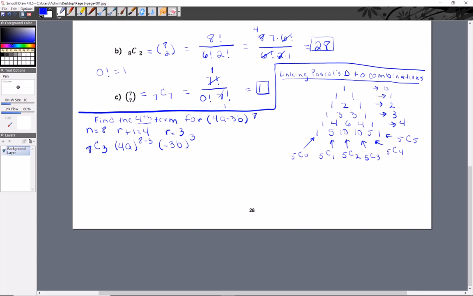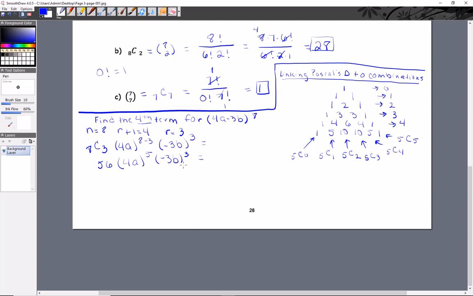So 8 things taken 3 at a time, or 8 choose 3. If you do that in your calculator, which I hope you can try yourself after you figure out, or your teacher shows you, that'll be 56. So that'll be 4a to the 5th power times negative 3b to the 3rd power. Miraculously, that adds up to 8.